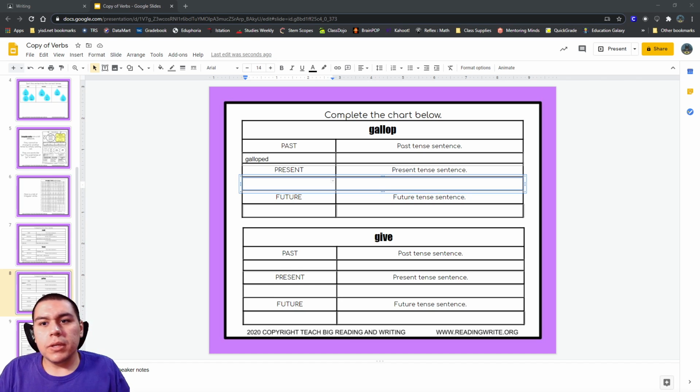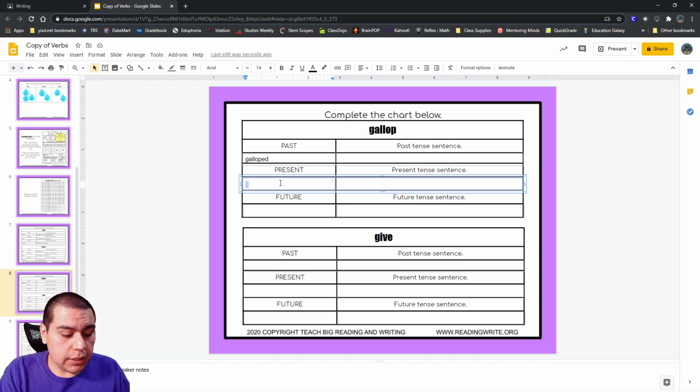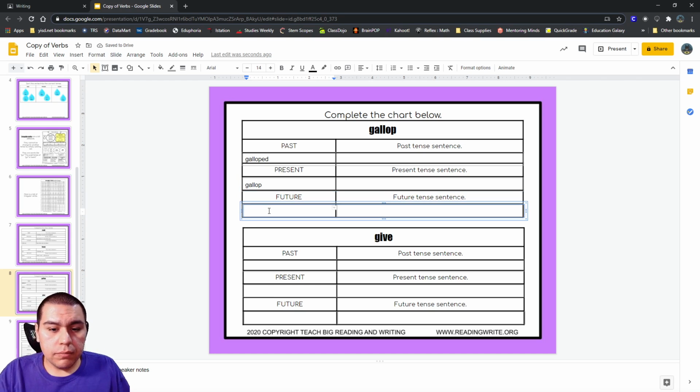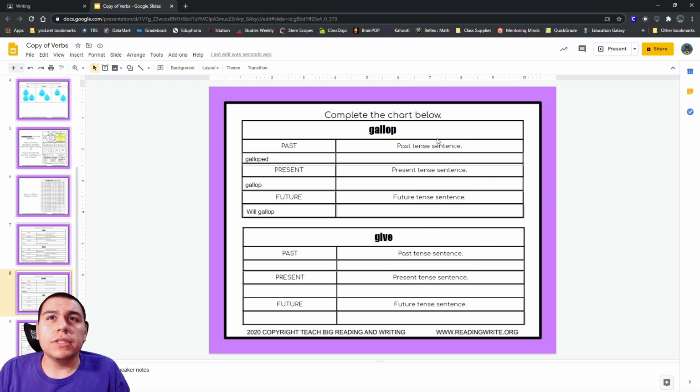Okay, just the one piece. Okay, and present is just exactly what it says. And the future, like on our other chart, we're going to put the word will in front of our verb. Who can share with me one of their sentences for gallop? Either the past tense, the present tense, or the future tense. Kaylee.